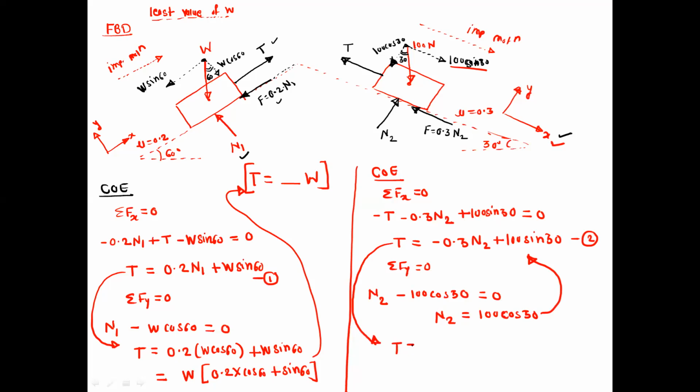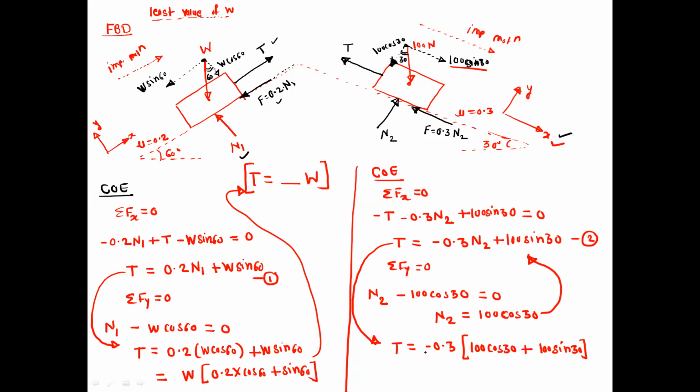So T is equal to, put this value, minus 0.3 into 100 cos 30 plus 100 sin 30.